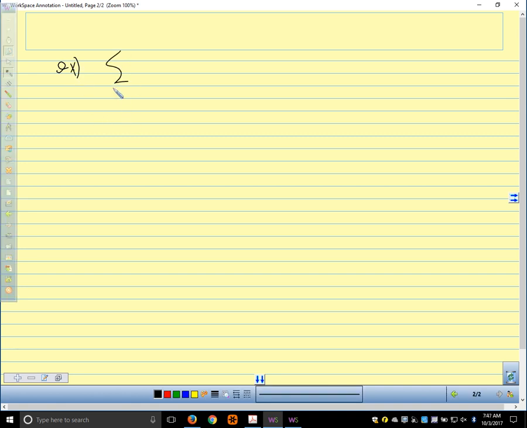So the sum. And this first one is going to show an example of when the ratio test pops out as a good one to use.